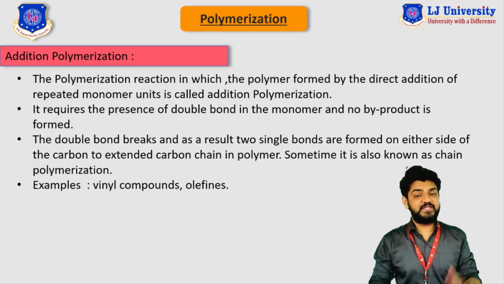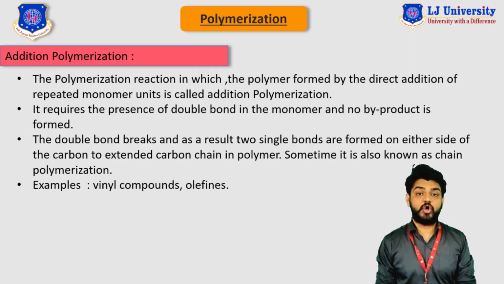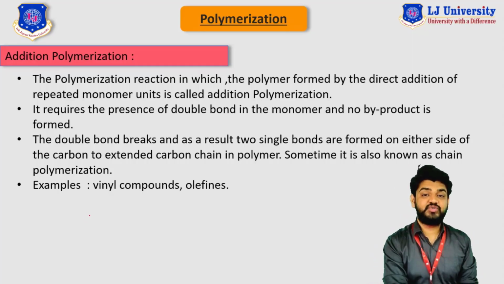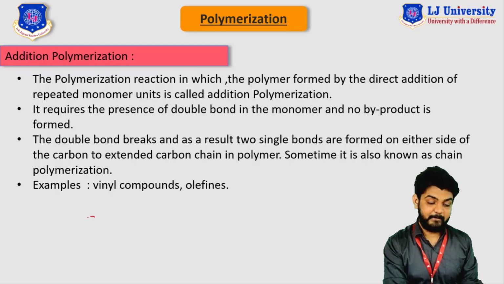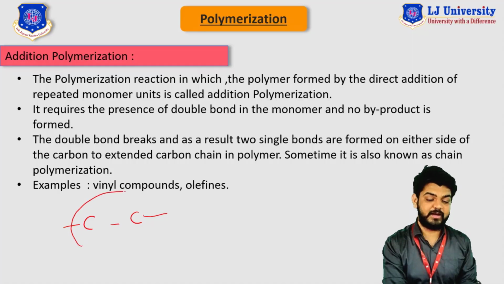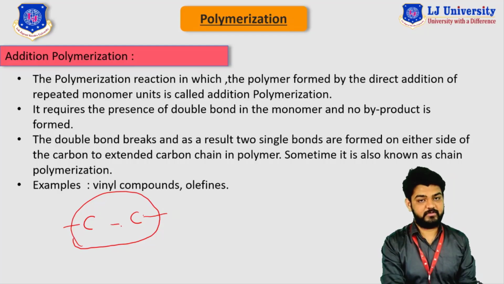So sometimes this process is also referred to as chain polymerization. As you can see on the screen, for a compound which has a carbon double bond carbon, if we supply some amount of energy, this bond will break apart and be shared by these two carbons in an equal amount, so that the monomer can join with another monomer in order to form polymer.